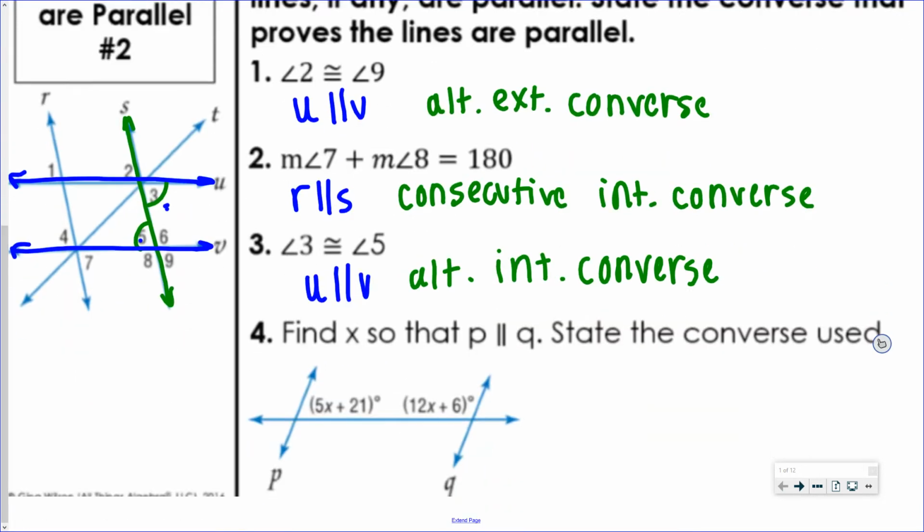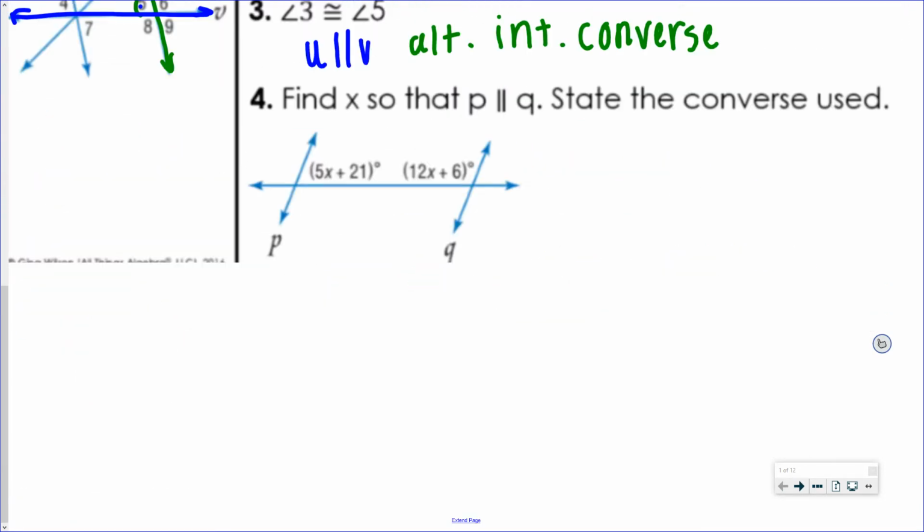All right, last one. Throwing a little algebra into the mix here. It says find X so that line P is parallel to line Q. All right. These angles, what's their classification? Consecutive interior. Interior, inside the lines. Consecutive, same side. So in order for these two lines to be parallel, they add up to 180.